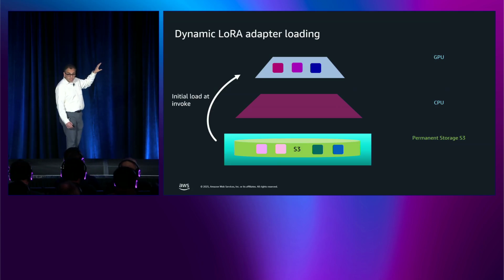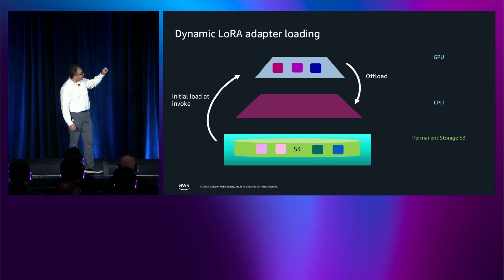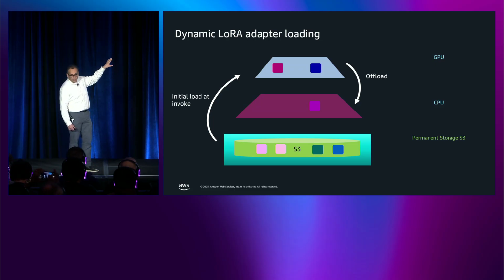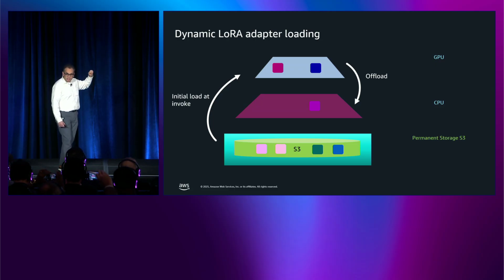And if your GPU memory is getting filled, then the adapters that are actually not in use get offloaded so that the next adapter that is invoked, which is not yet available in your GPU memory, comes back up. So in a way, it gives you like there is limitless LoRa adapters, but in all honesty, it is able to serve the right LoRa adapter and be ready for you to load it from your storage to your instance memory and start using it pretty quickly.